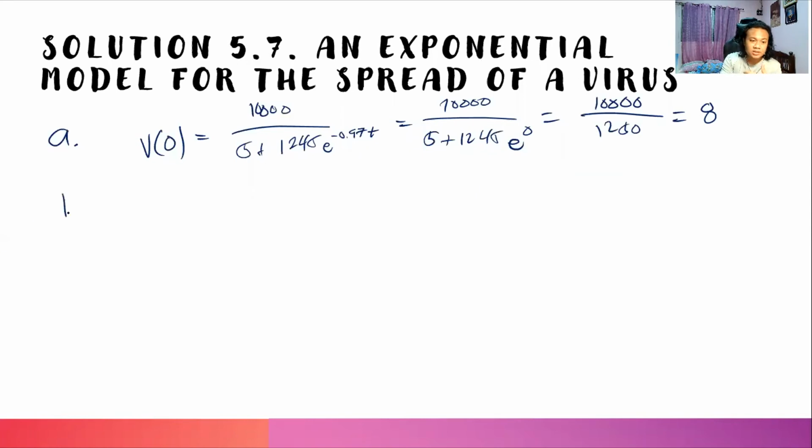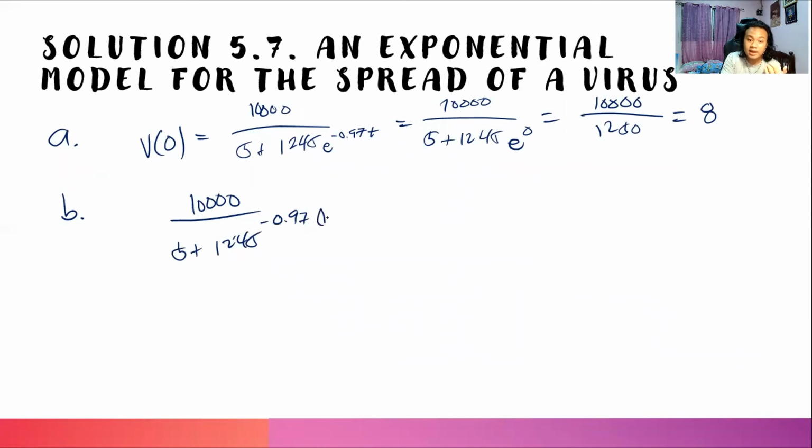Okay? So, letter B, i-ask ta kung pila daw kuno kung 1 day, 2 days, o 5 days. Right? So, substitute lang ihapon. 5, 1,245, negative 0.97, then replace, no?